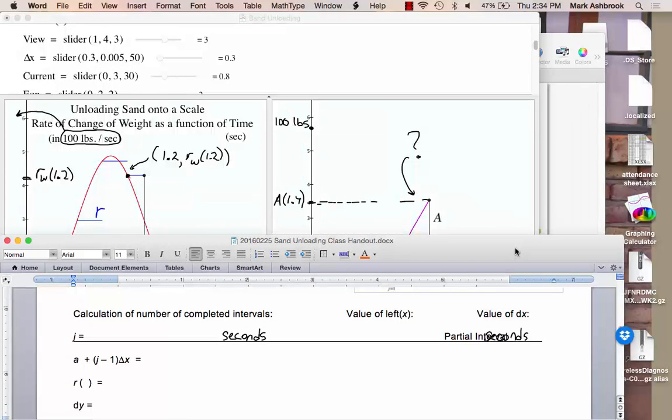Okay, that'll have to do. So what's our calculation of the number of completed intervals if x is 1.4 seconds?